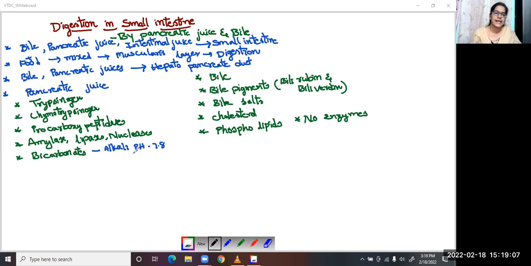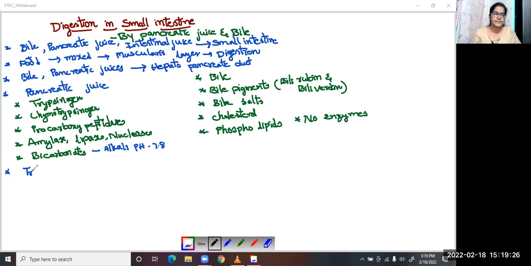So this alkali pH is helpful for the activation of some of the enzymes. So this trypsinogen, chymotrypsinogen, procarboxypeptidases are inactive enzymes.